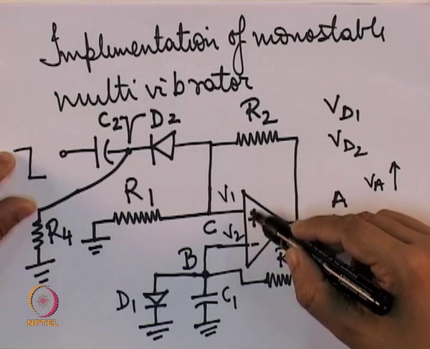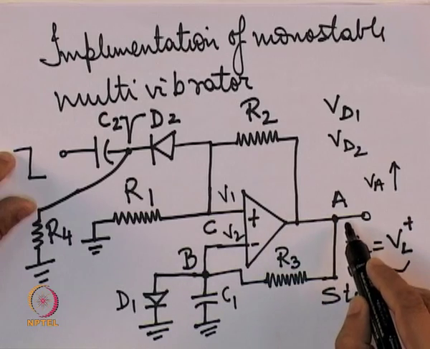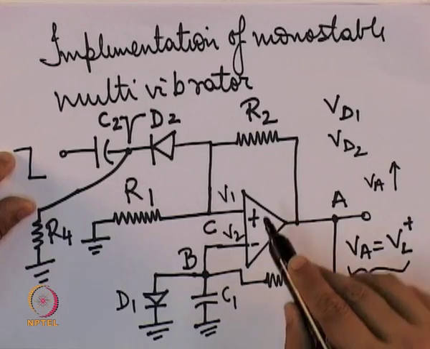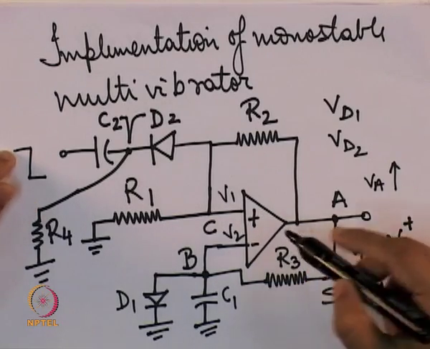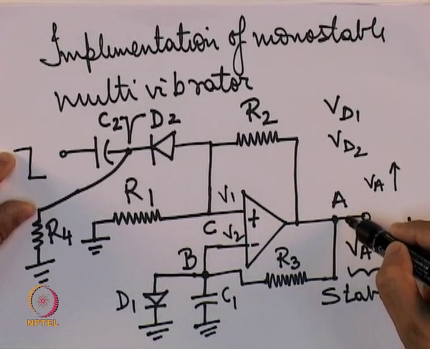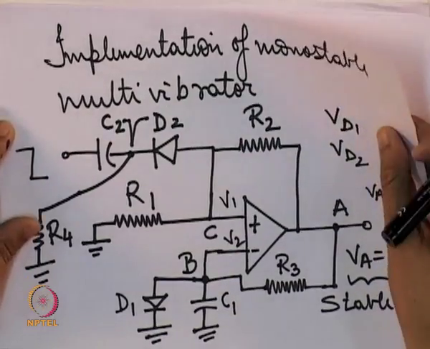Because the op amp has very high gain, once you feed a negative input voltage, the output at VA will invert. It will go from VL plus to VL minus. So, it is like this.